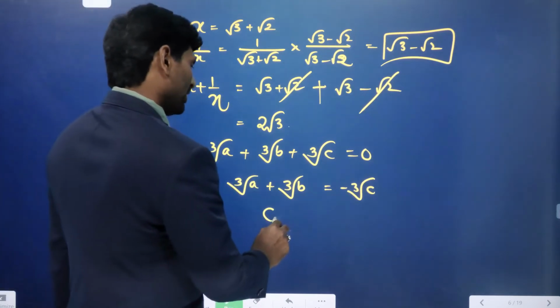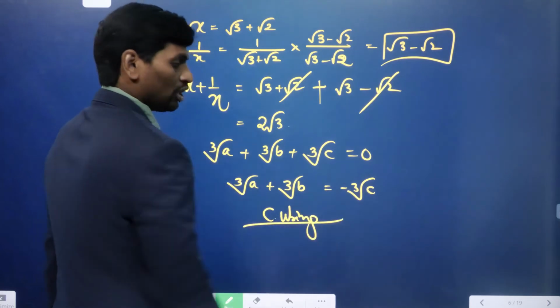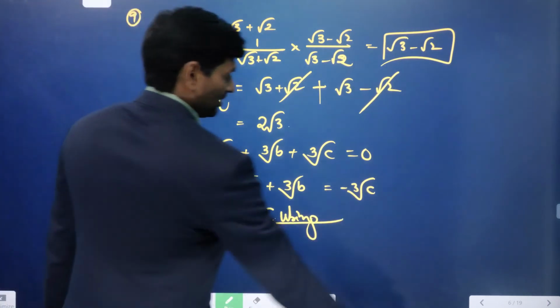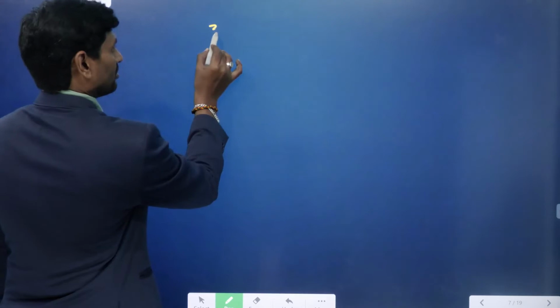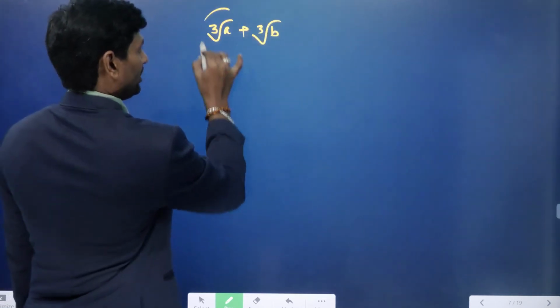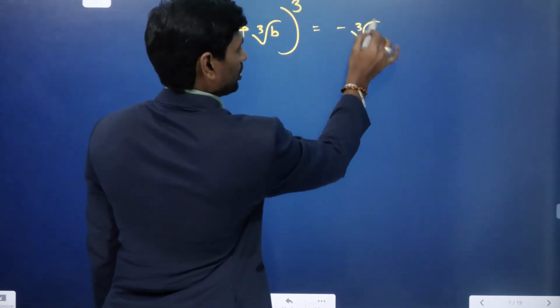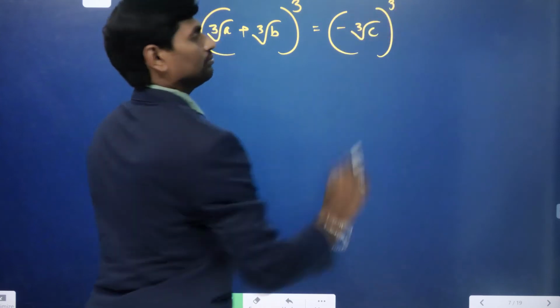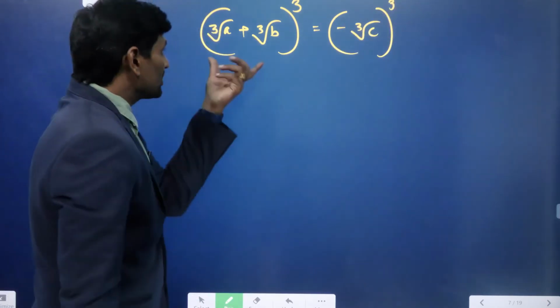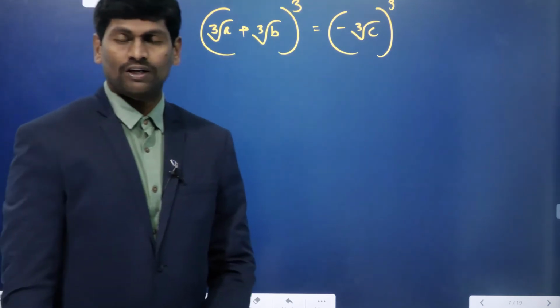Now apply cubing on both sides. That equals (cube root of a plus cube root of b) whole cube equals (minus cube root of c) whole cube. Now see the LHS part, it is in the form of (a plus b) whole cube formula.